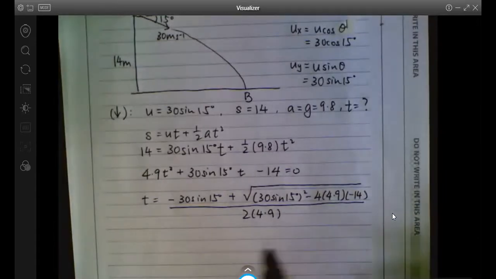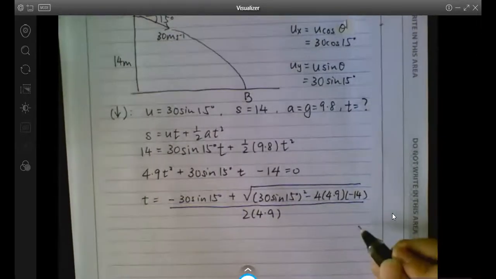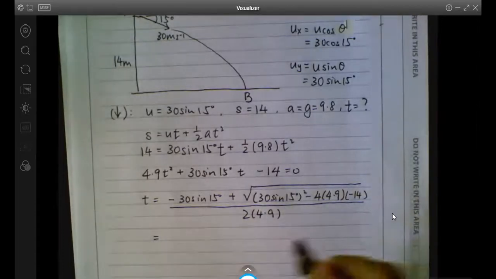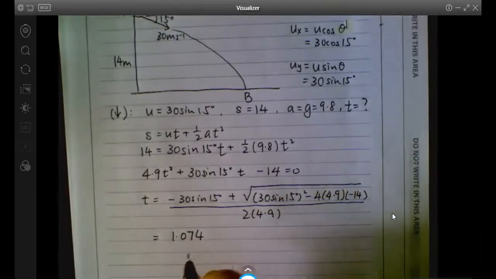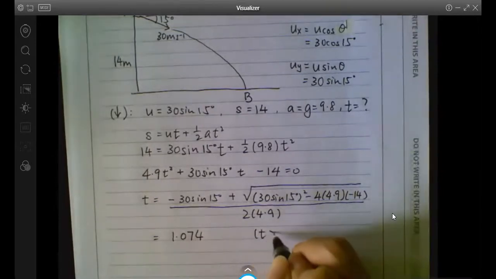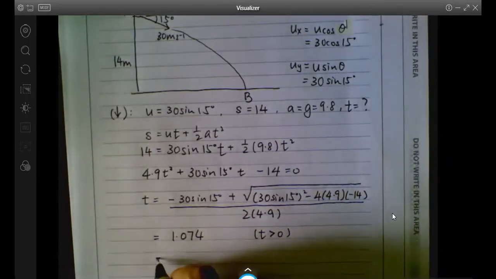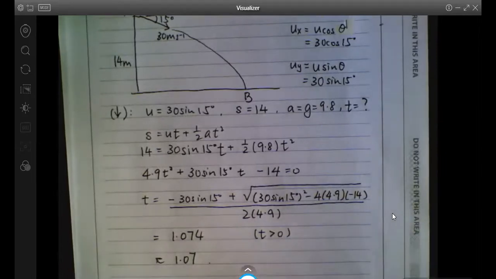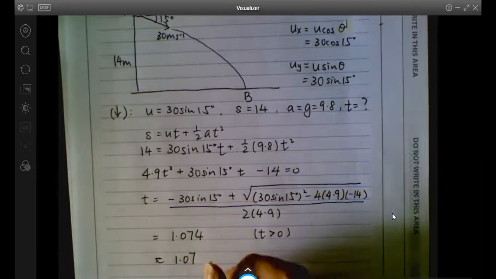I've only taken the positive because time is positive, so I will make a remark in my next line. t is 1.074 something. Or you can give two answers and reject the negative. Final answer, I try to keep to 3 SF. Okay, so this is the time taken from A to B. It's 1.07 seconds.